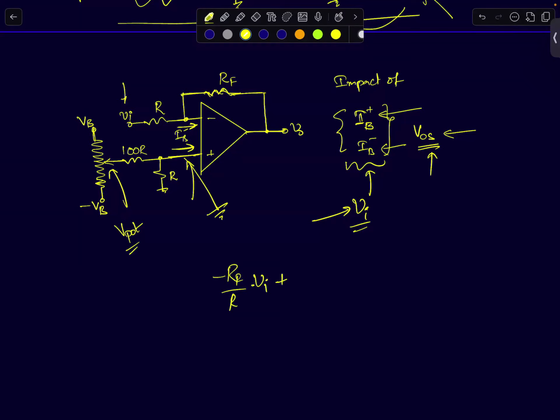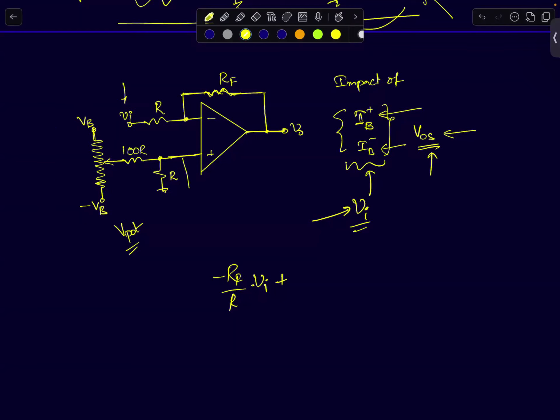Now, let's assume only one other source is present. Let's assume IB minus is present. Again, if IB minus is present, I'm assuming V offset is 0, IB plus is 0. So no current is flowing in this node, and V offset is also 0, and V pot is also 0. I'm ignoring this node voltage as well.